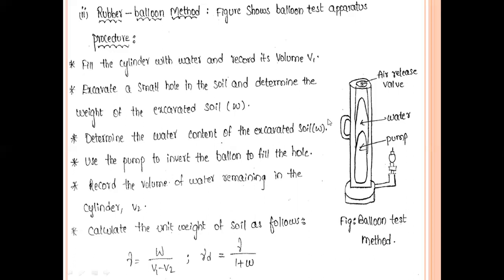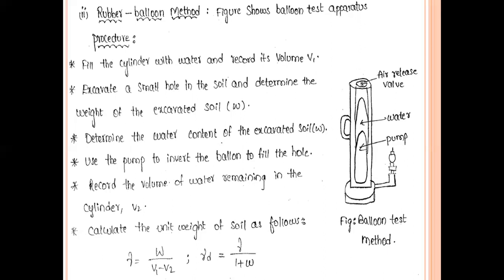It is the handle. So fill the cylinder with water and record its volume V1. Excavate a small hole in the soil and determine the weight of the excavated soil, indicated W. Determine the water content of the excavated soil.